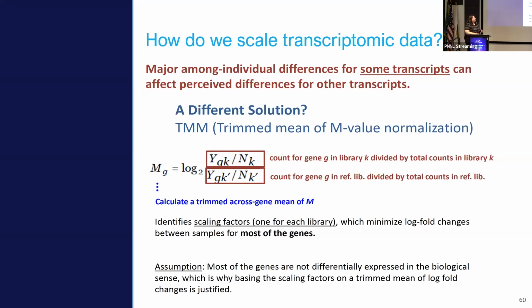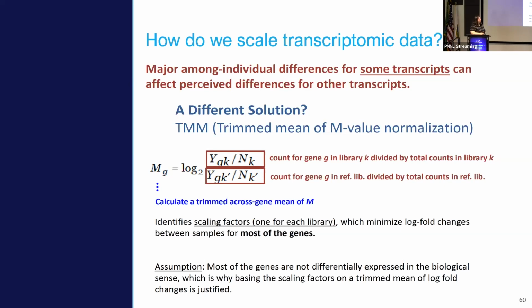So when we talk about scaling or normalizing transcriptomics data, we can also talk about this trimmed mean. This is another potential way that we can think about normalizing. So here we're looking at a log2 where we have a count for a given gene and a given library or sample divided by the total count in the numerator.